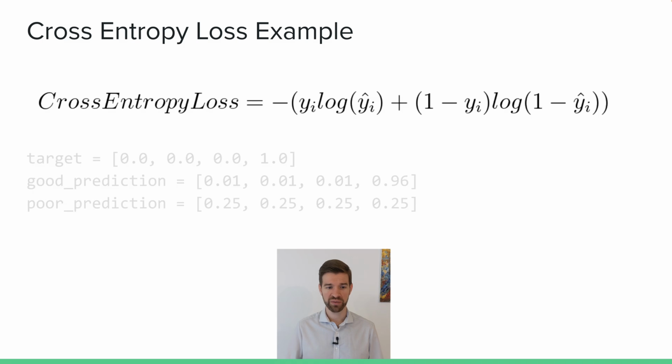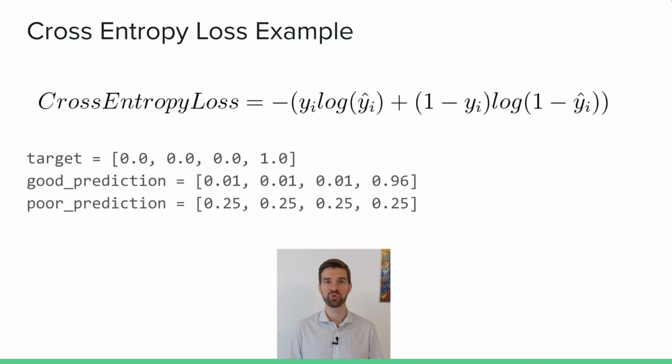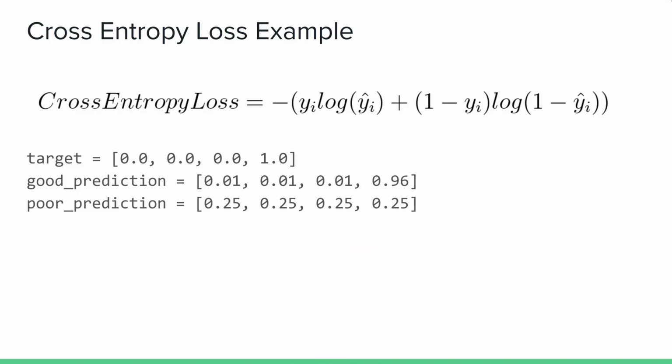Let's put in some numbers to actually make this a bit clearer. This is our formula, and here we have two different predictions for the following target. You see that I have a classification problem and there is a so-called one-hot encoding. So I have 4 different classes, and whatever class is the true one will get a 100% probability. And the predictions are now trying to mimic the same output.